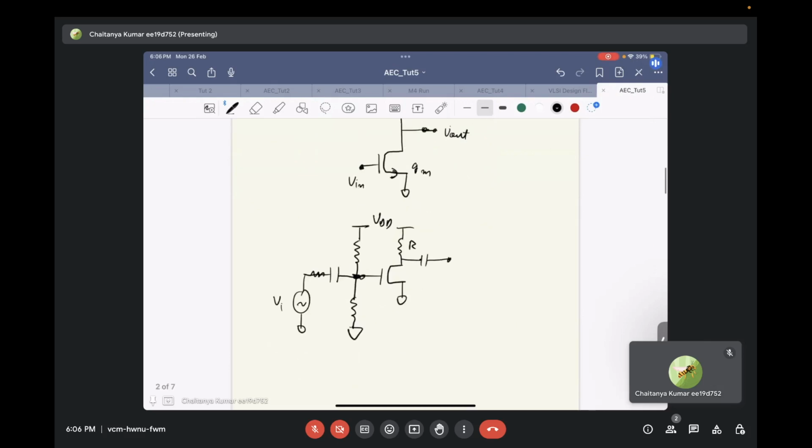This is one way to bias it, but as you can see, in this biasing, as the VDD changes, there is a change in the gate voltage of this transistor, due to which the GM of this transistor can change, and hence the gain that this common source block is supposed to give can change.